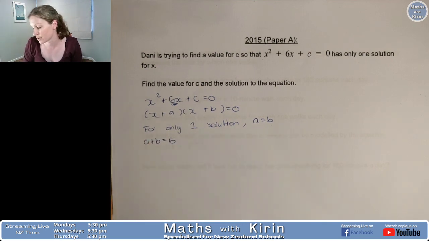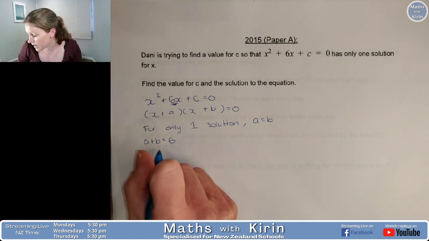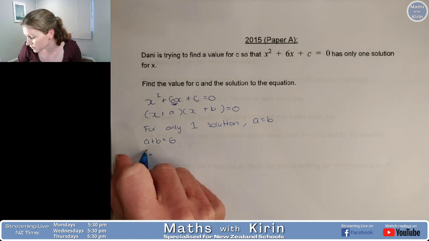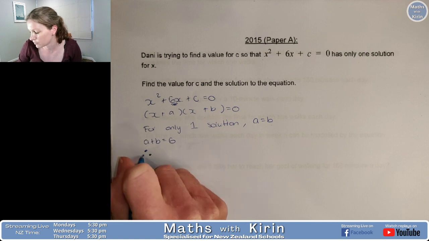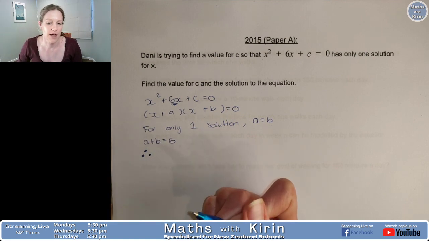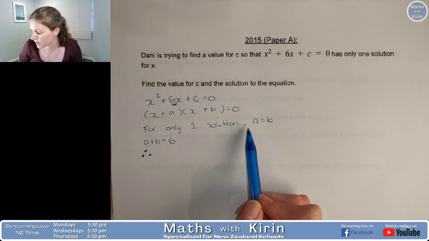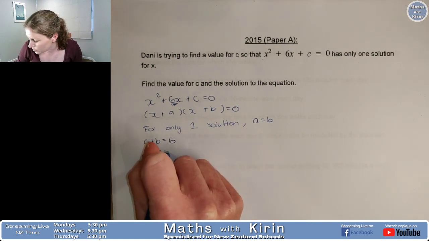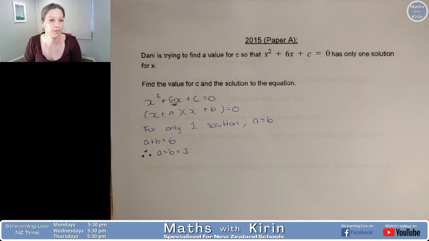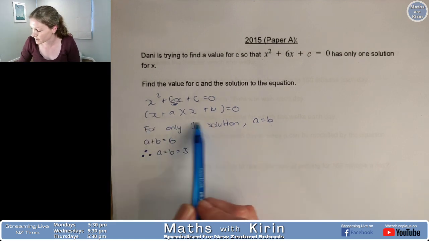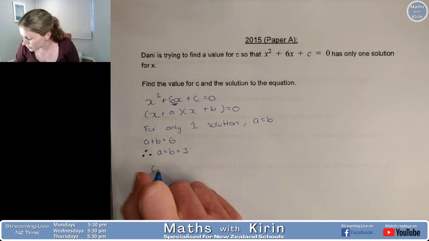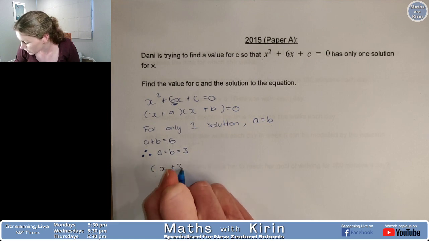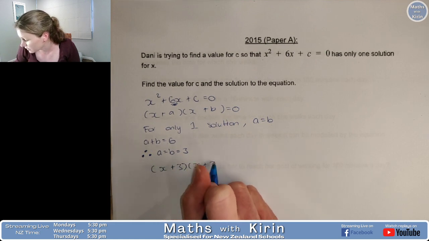So the only way we can get two numbers that are the same, give us 6, would be if a and b, these 3 dots, if you see them, mathematical notation, I guess, for therefore. So if we have a is equal to b and a plus b equals 6, therefore a equals b equals 3. So when we factorize up here, we get x plus 3 because we want positive 6.